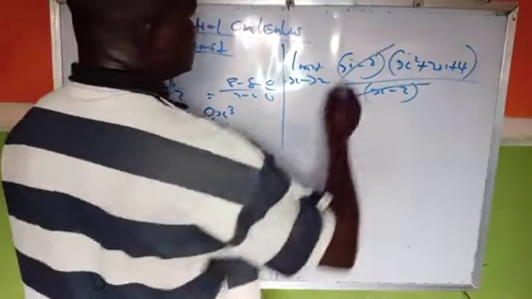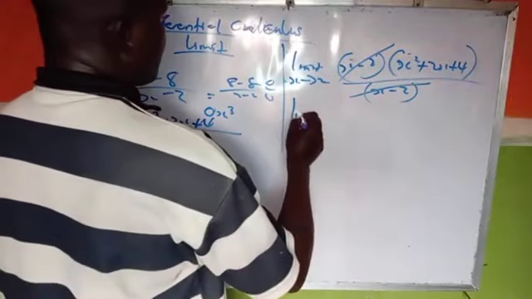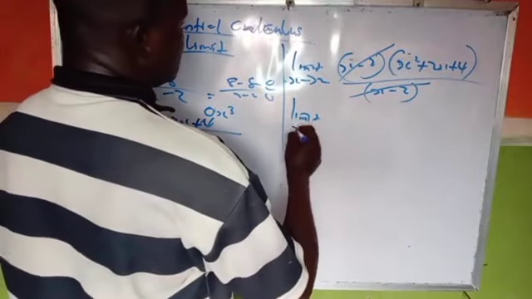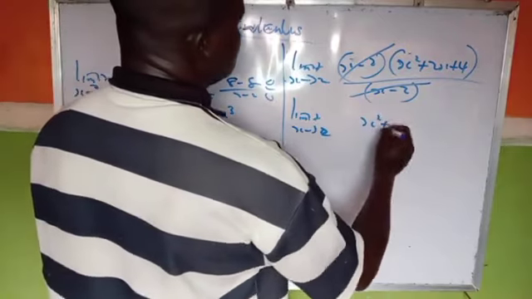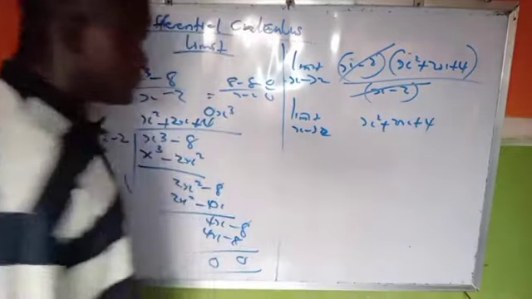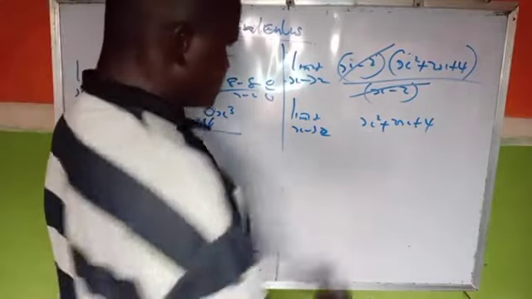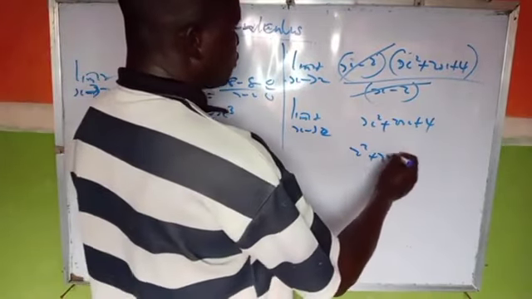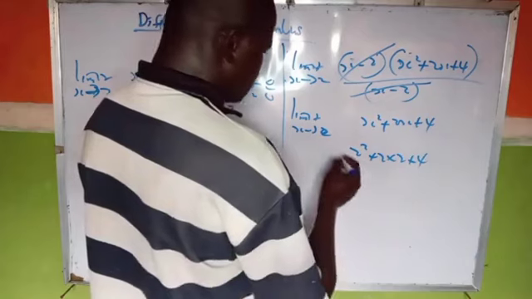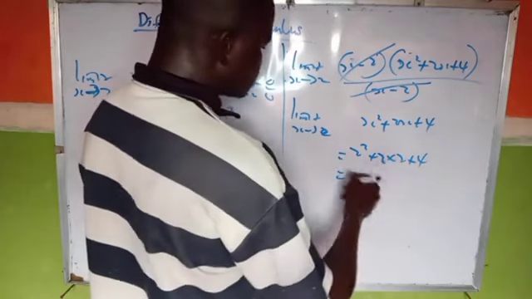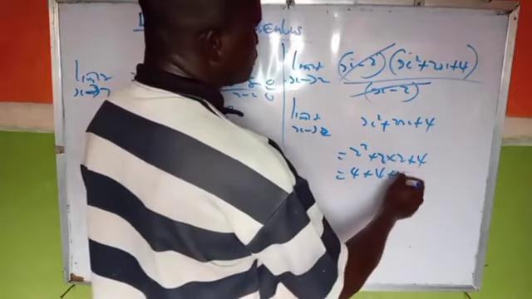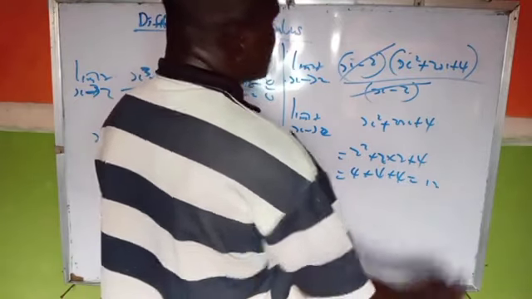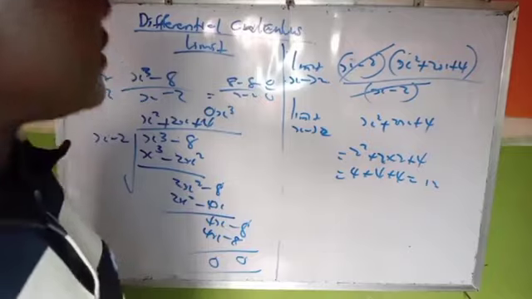So please cancel this. What do you have now? As x tends to 2, it equals x squared plus 2x plus 4. So substitute into this. You will have 2 squared plus 2 times 2 plus 4. So your answer is what? 4 plus 4 plus 4. That's 12. So that is it.